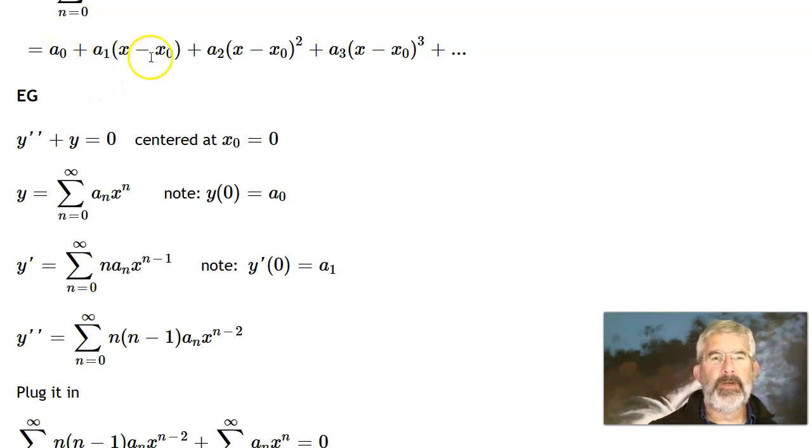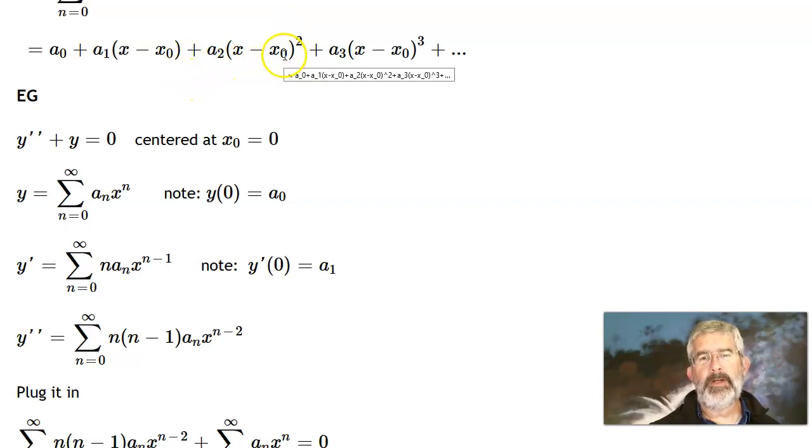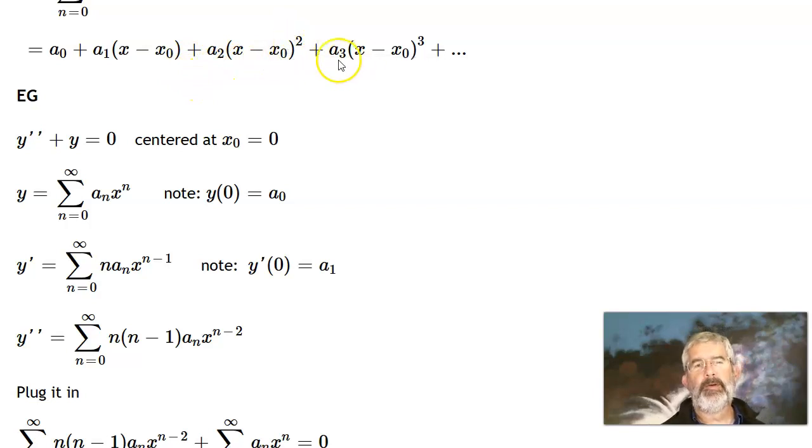This would just give you an a1, and then this would be 2a2 times x minus x0 to the first power, and so on. So the a1 would be there just as the constant, and that would be what you get by plugging a 0 into the derivative. So the a0 and the a1 turn out to be the function value and the derivative at that initial condition. That's going to be useful later.